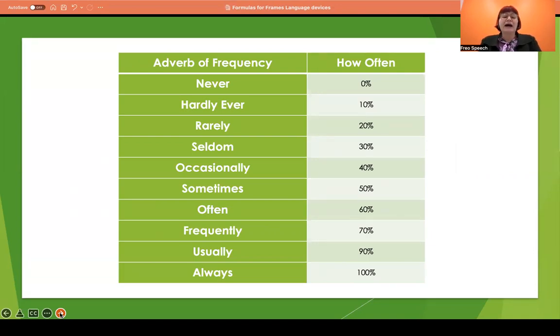Hardly, never, hardly ever, rarely, seldom, occasionally, sometimes, often, frequently, usually, always. Those sorts of things that you see often heading up the polls that we sometimes are asked to fill in. But certainly those are really important adverbs, because they give verbs a sense of how often they've occurred.